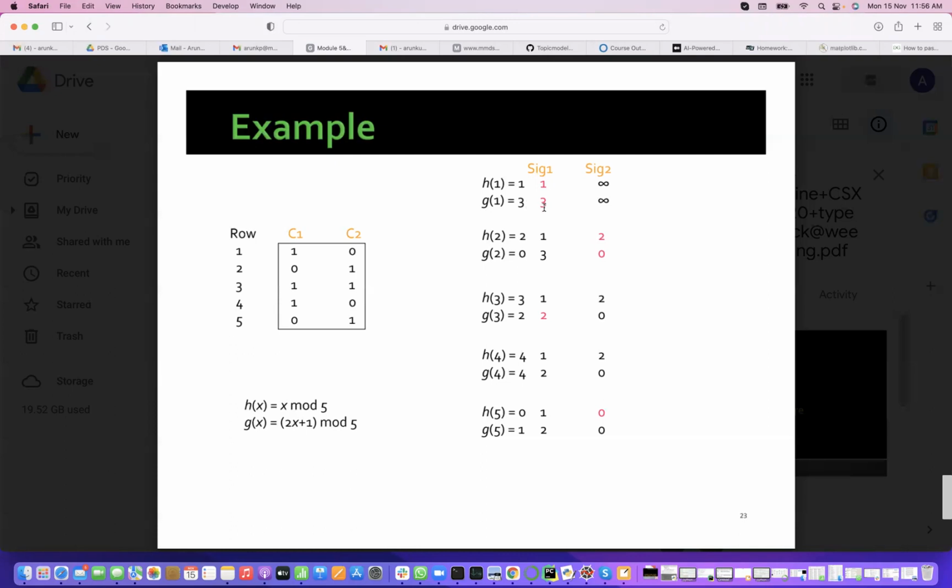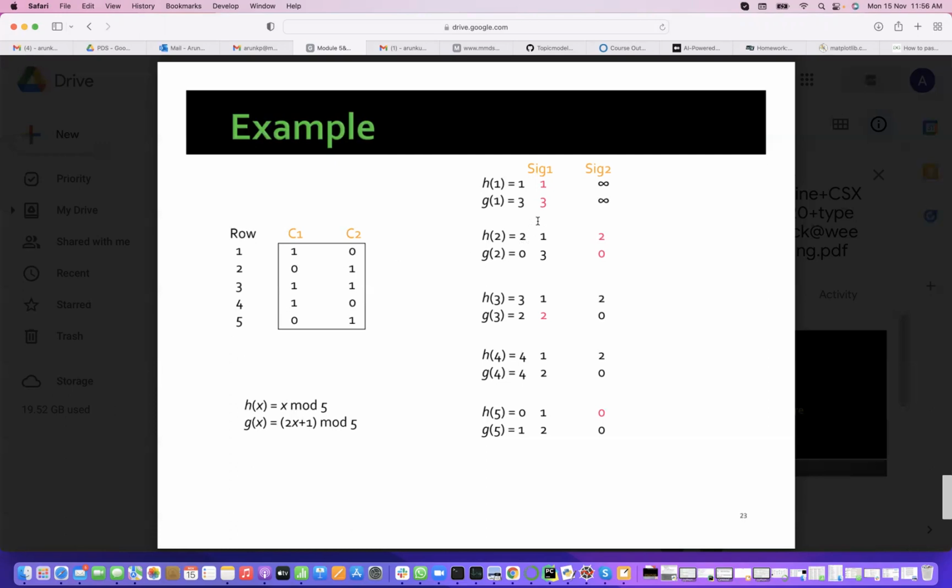Now take the second row. What is the second row in permuted order? 5 mod 5, 0. So if the second row has 1 in the present order, in permuted order that will become the 0th row, right? Is that having 1 for column 1?